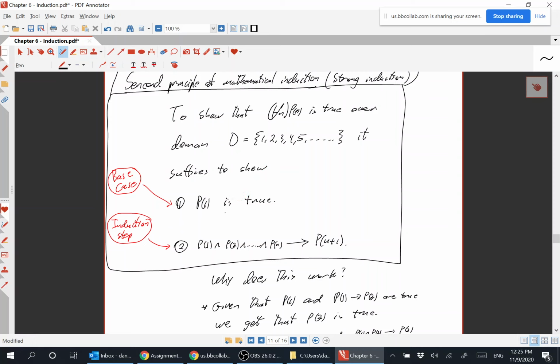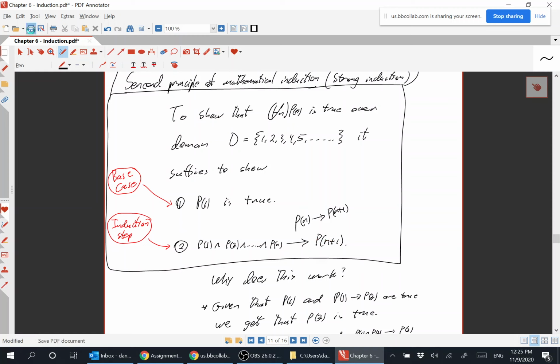And then the induction step, instead of Pn implies Pn plus 1, it becomes P1 and P2 and P3 and ... Pn minus 1 and Pn, all of those together being true implies that Pn plus 1 is true.